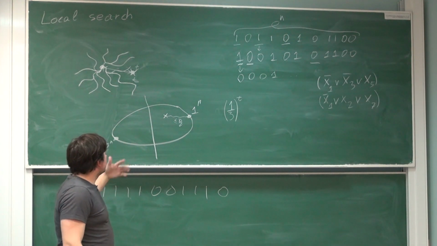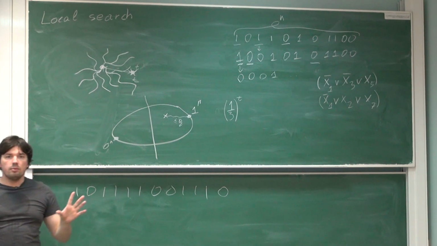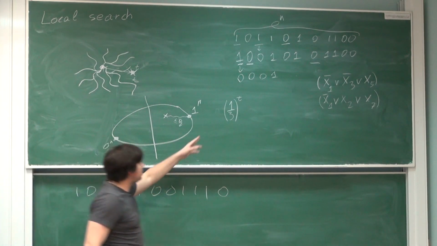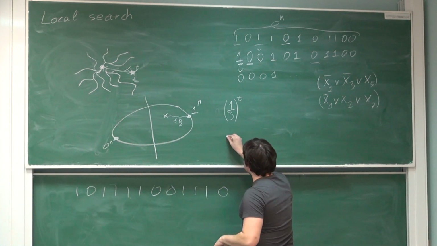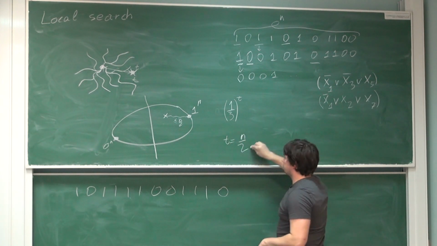And that brings me to how do we tie this all up? Well, we set t to be n over 2.